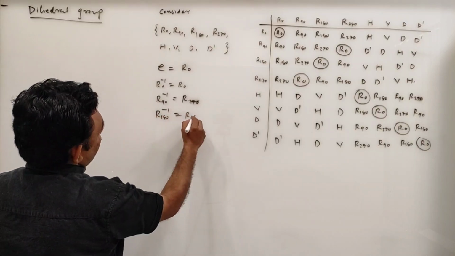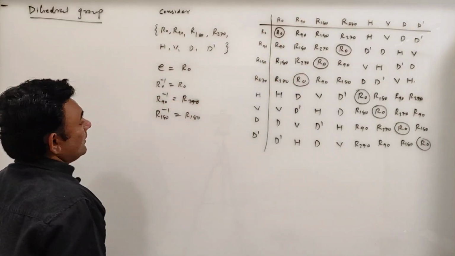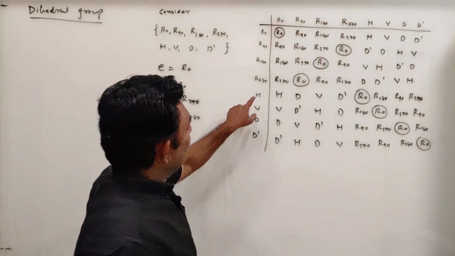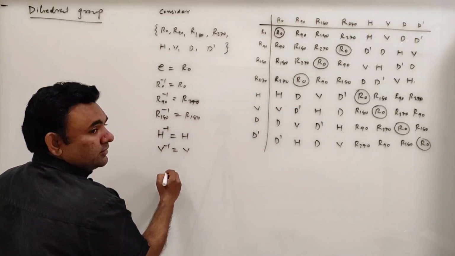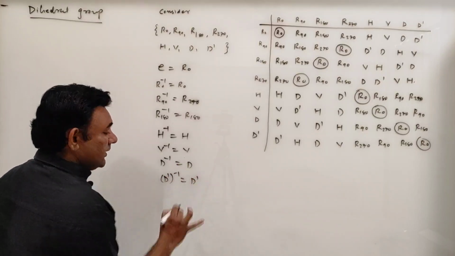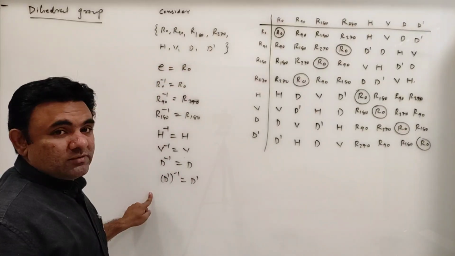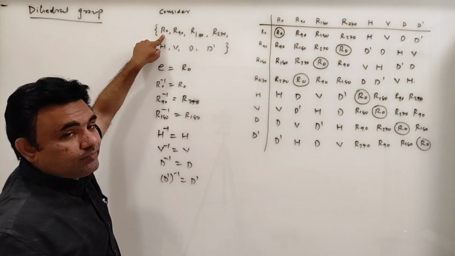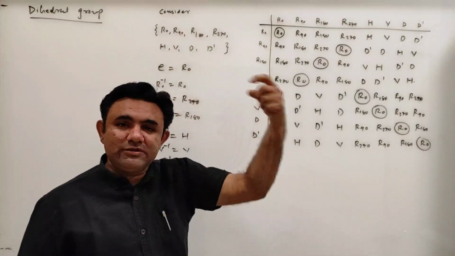R180 inverse is itself. Now H inverse is H, V inverse is V, D inverse is D, and D dash inverse is D dash. So H, V, D, D dash are self inverse. R0 is the identity, so R0 inverse is R0. R90 inverse is R270, and R180 is self inverse.